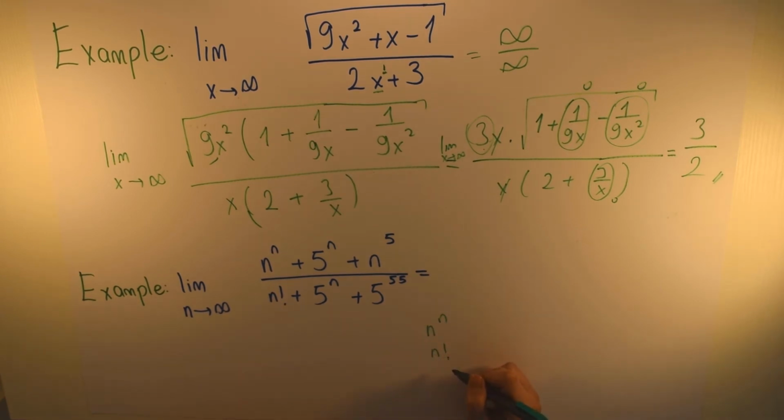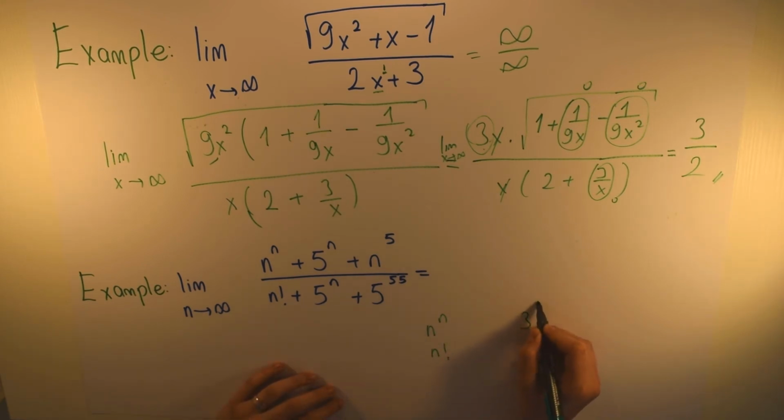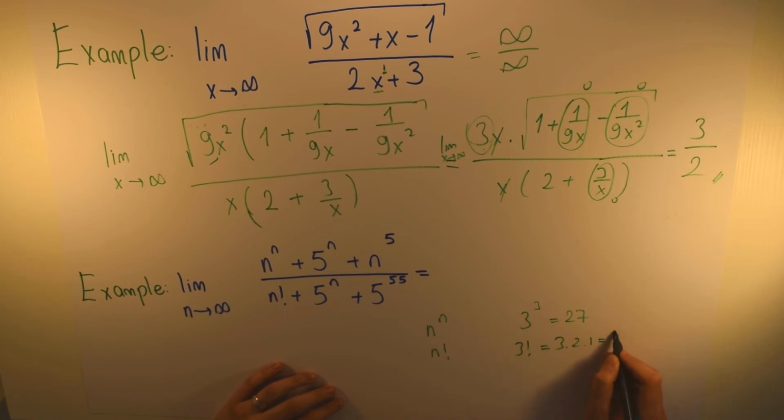Now let's give some values to n. Let's say it's 3. So 3 to the power of 3 is equal to 27, right? And 3 factorial is 3 times 2 times 1, which is equal to 6.